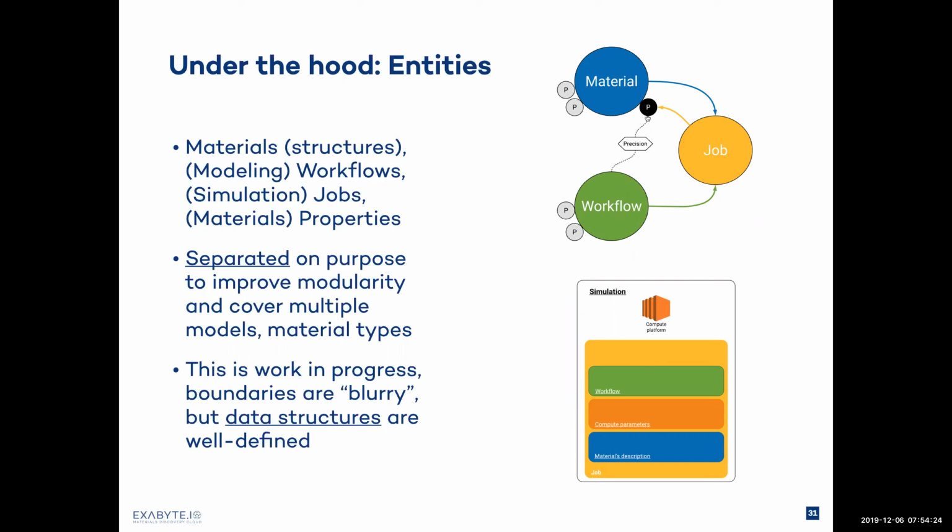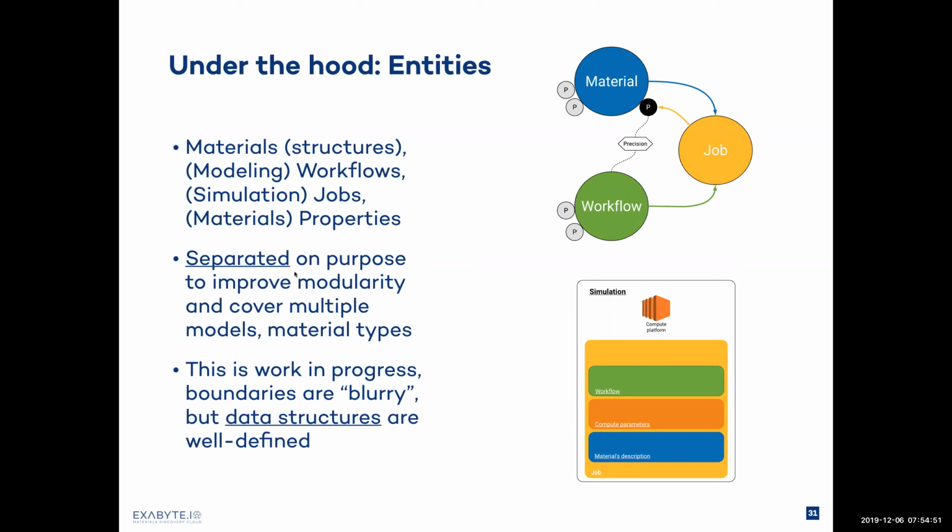Some of them exist after we execute the job, as we can see here. And there is a workflow that also possesses multiple properties. When we take material and workflow together, we form a job. And then when we execute it, we extract a property, which also is extracted with a certain precision. So material and workflow together form a job, which delivers a property.